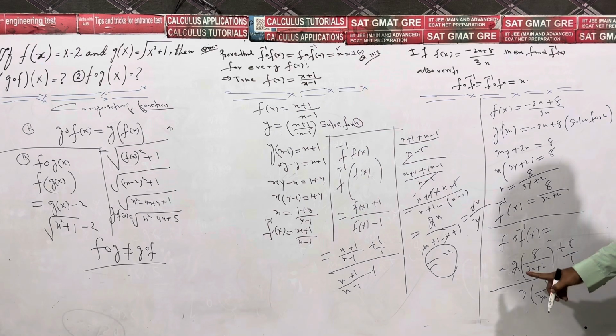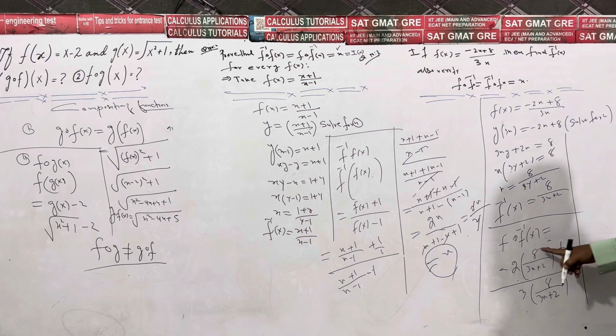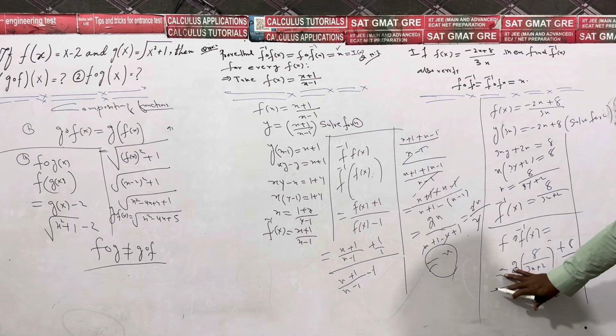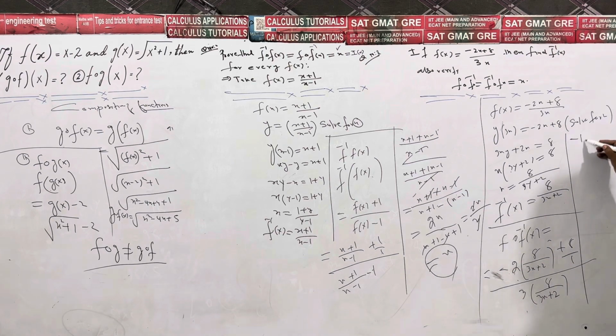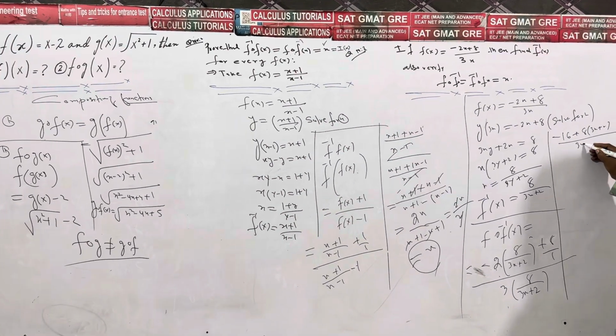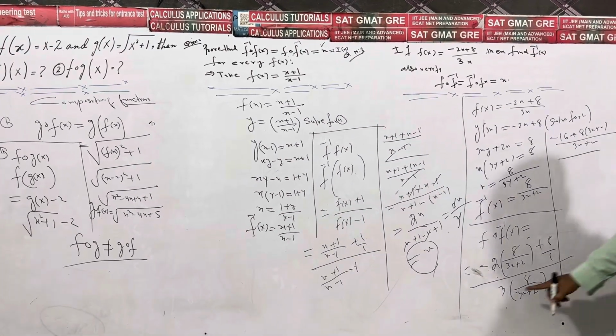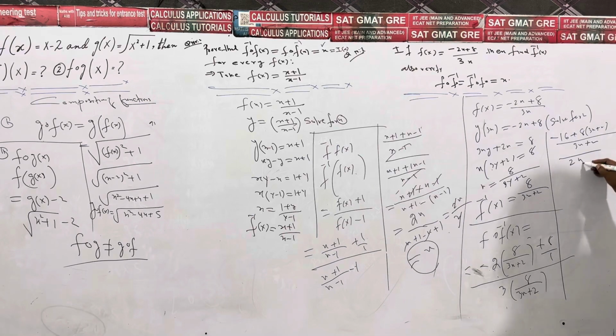Taking the LCM, the denominators cancel out. Whatever remains, let's see and find out. 2 times 8, it is negative, minus 2 times 8 is 16, overall 8 times 3x plus 2 in the denominator, and in the numerator 8 times 3 is 24, with 3x plus 2 cancelled.